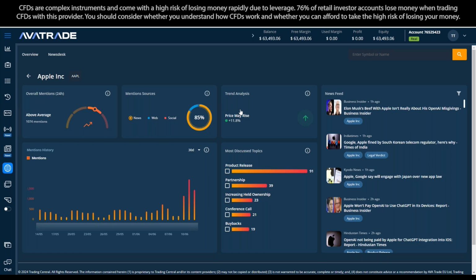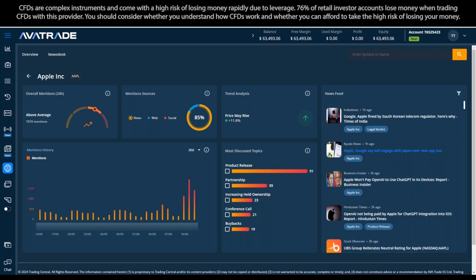Now, specifically, the market buzz doesn't just give you the trend analysis for technical analysis, but you also can read articles, okay? Google says it will engage with Japan over a new app law. Also Apple and Google will engage with Japan over a new app law.